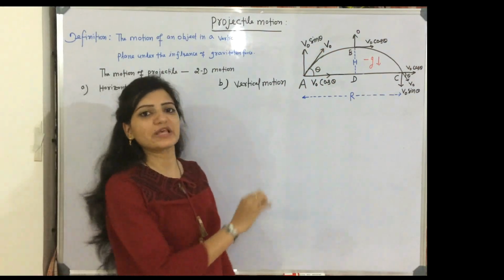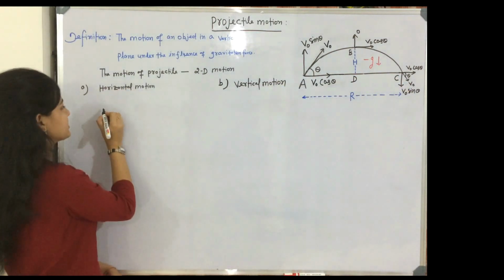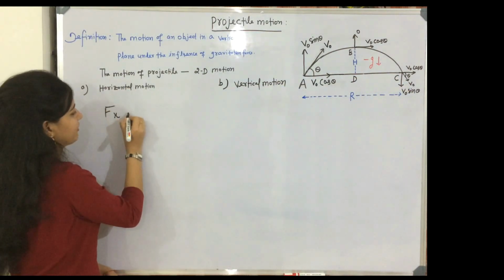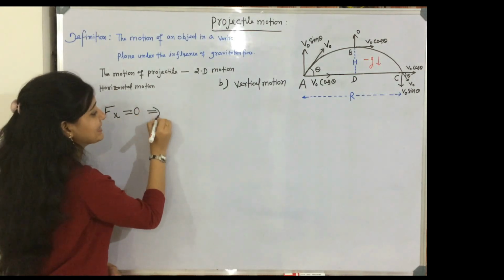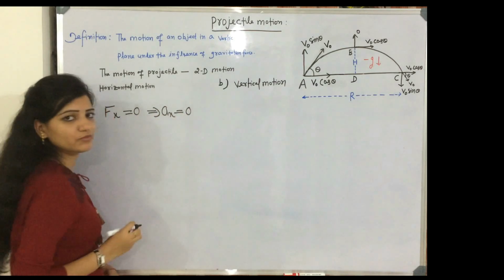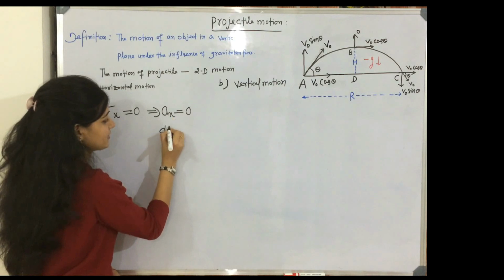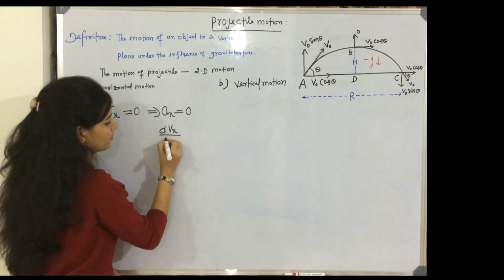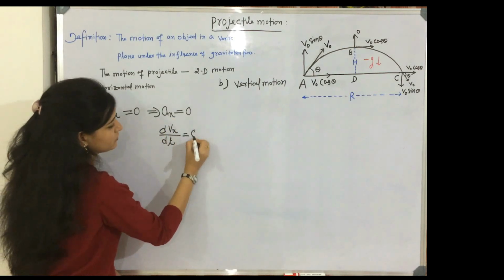There is no force acting in the horizontal direction. So, force in the horizontal direction Fx equals 0, which implies acceleration in the horizontal direction is equal to 0. Now we can write acceleration in the horizontal direction as dvx by dt equal to 0.